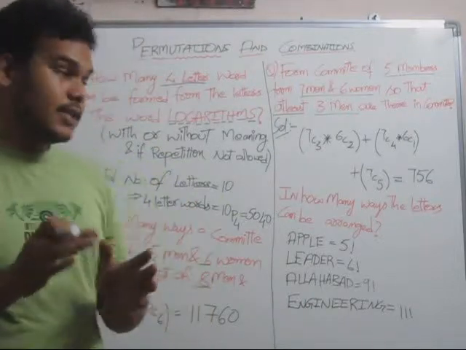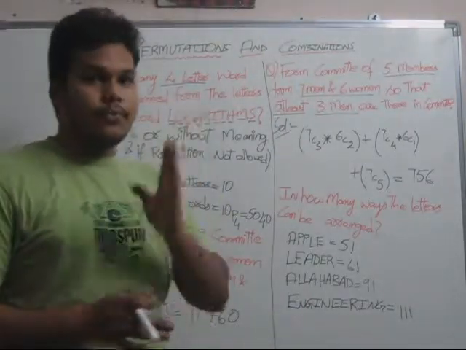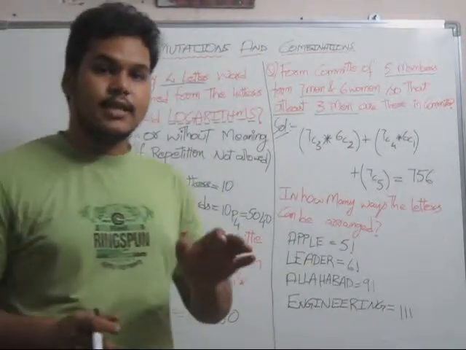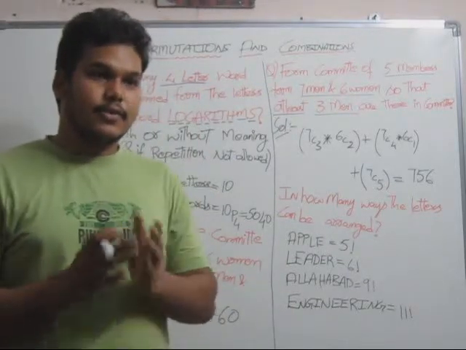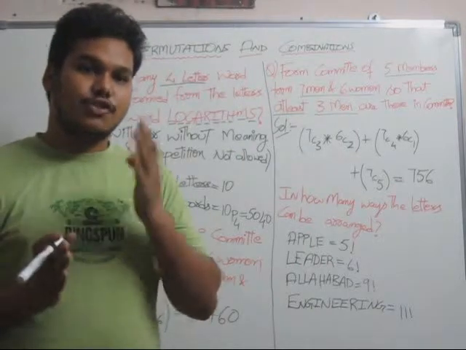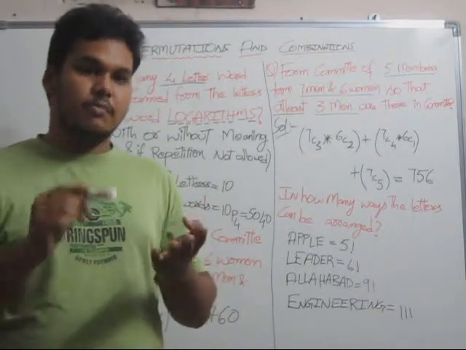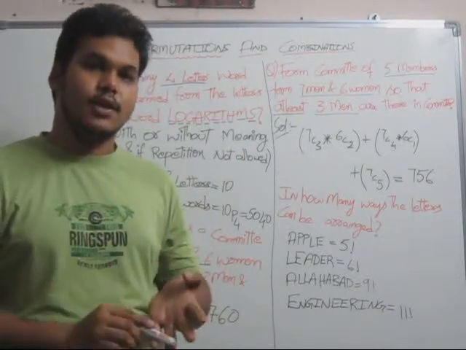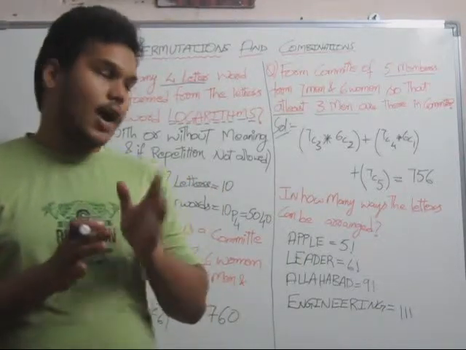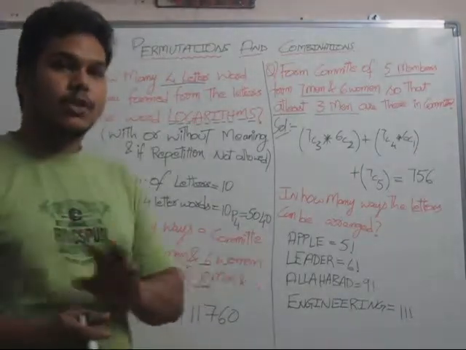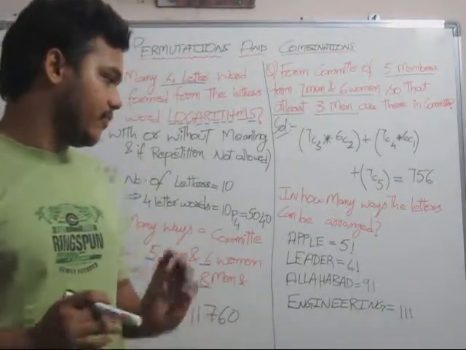Here you have to notice that he asked to form a 4-letter word, not select 4 letters from the 10 letters. He asked to form a 4-letter word, meaningful or meaningless, but an arrangement should take place. So I have taken 10P4 but not 10C4.